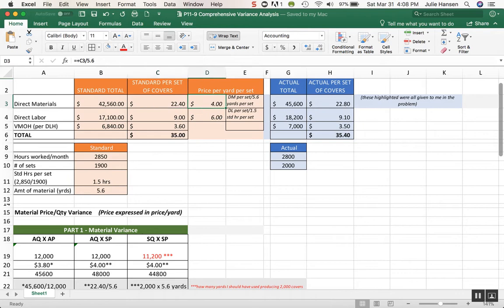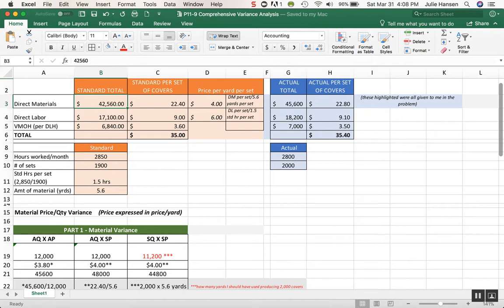Now I have taken the extra step and tried to calculate what that meant per direct material as well as per direct labor. So in other words, I had a standard that I should have spent for direct materials of $42,560.